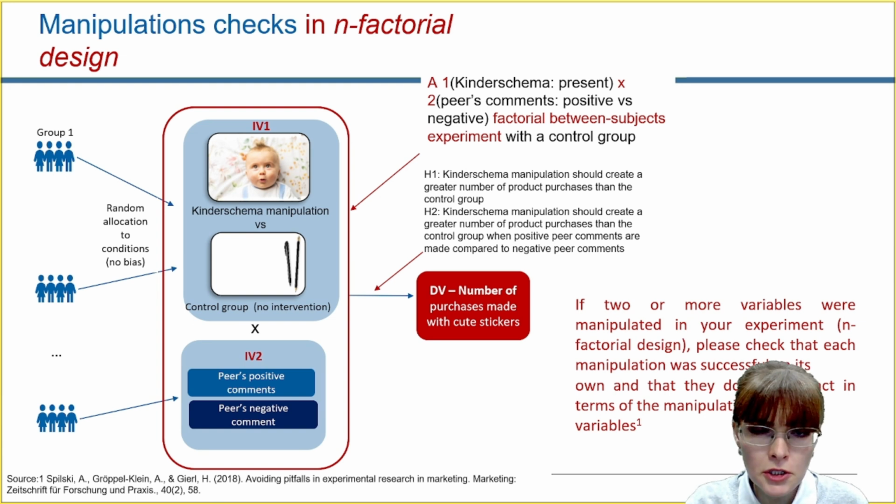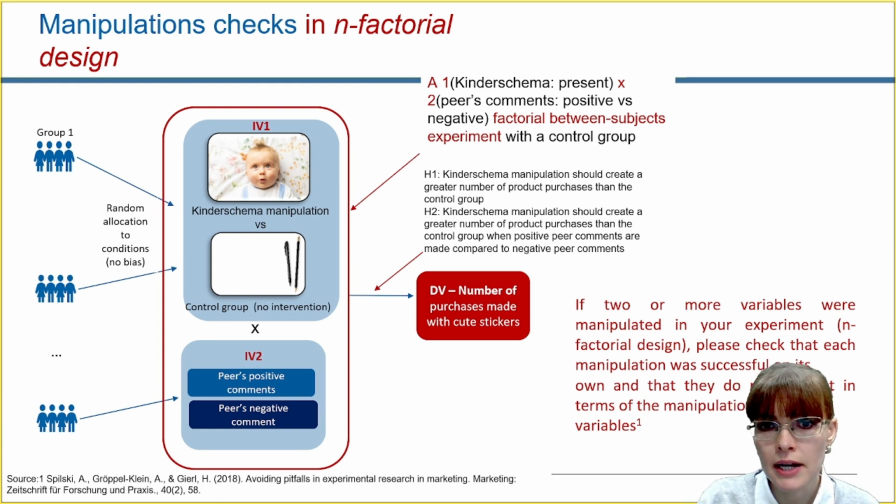As another refresher, before we move on to more technical aspects, I wanted to talk about manipulation checks when we have a multiple factorial design in our experiments. In other words, we manipulate several independent variables. Just like here on the screen, I have an appeal type, which has two levels: kinder schema manipulation, where participants are shown a child, and a control group, which shows stationery.